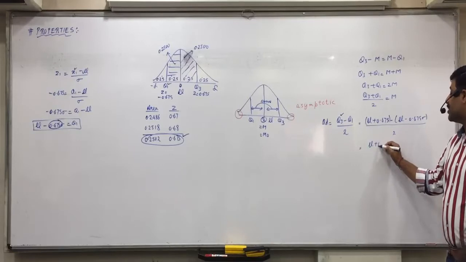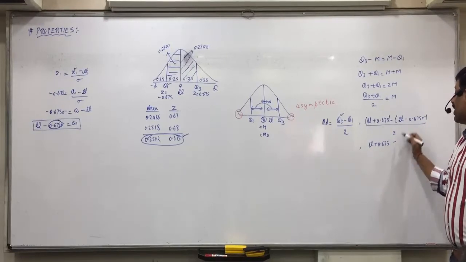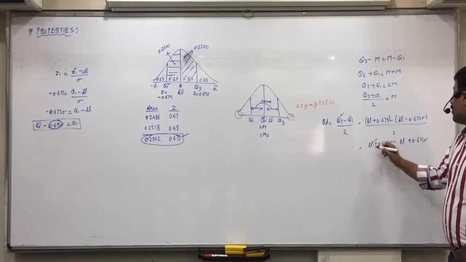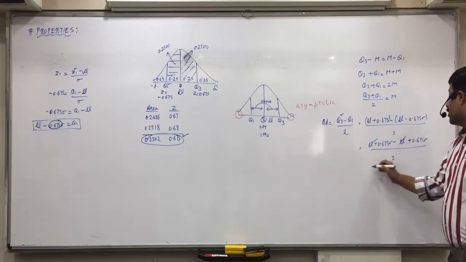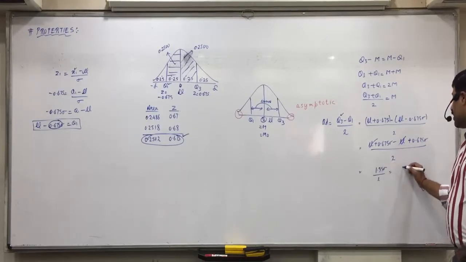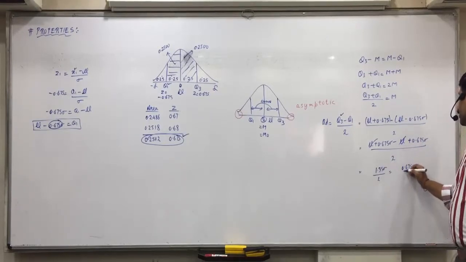If you open the brackets, Q3 minus Q1, minus minus will become plus. Mu minus mu gets cancelled, and 0.675 plus 0.675 is 1.35, divided by 2 again 0.675.